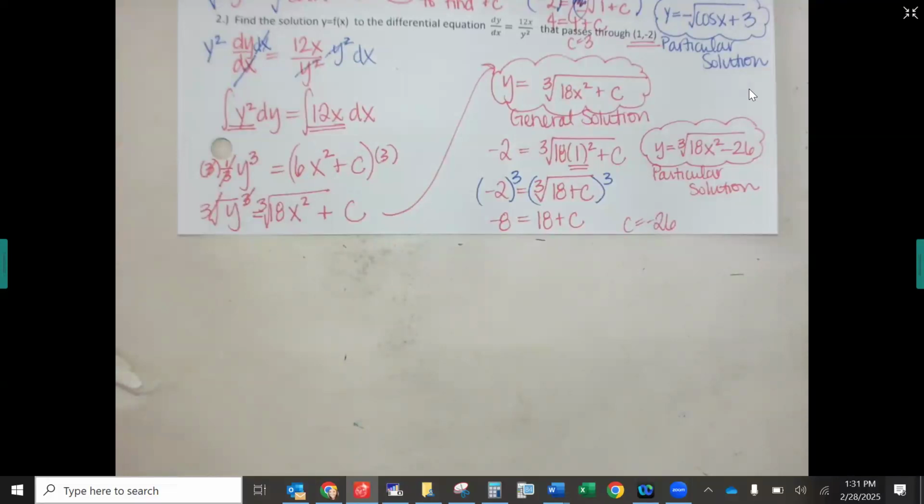All right, next one, you should be able to separate that. So go ahead and give it a try. So you have your dy dx. It's -9x squared over 2y.